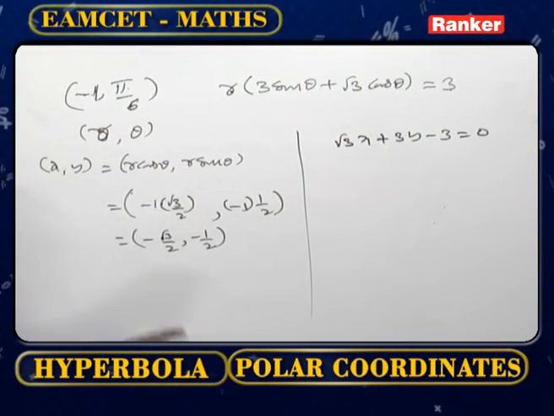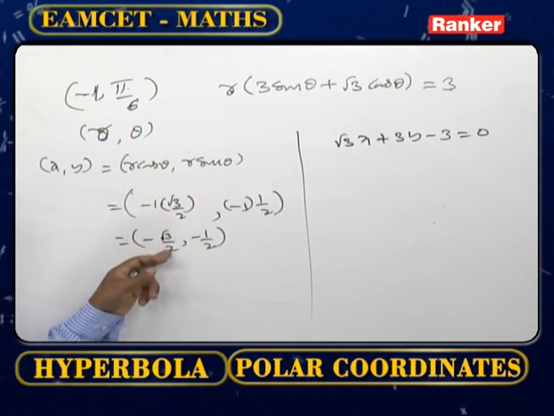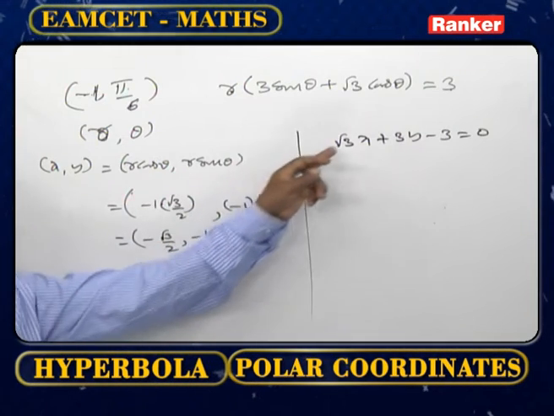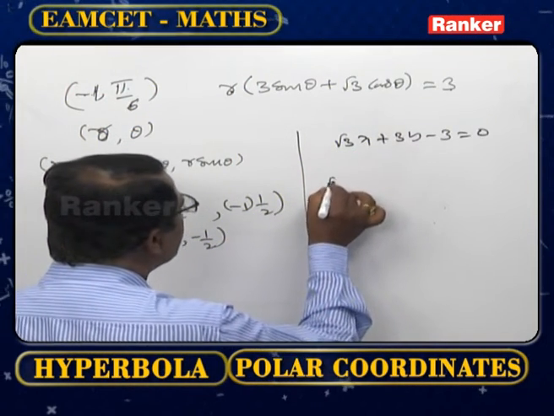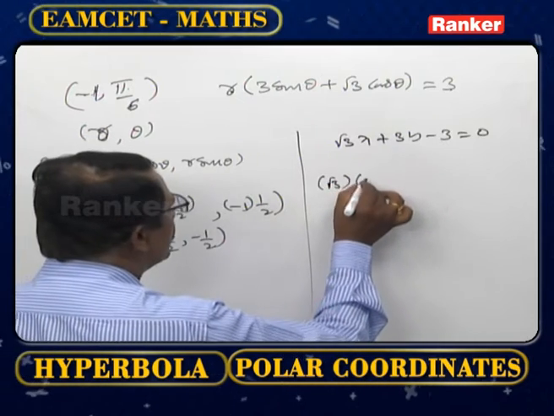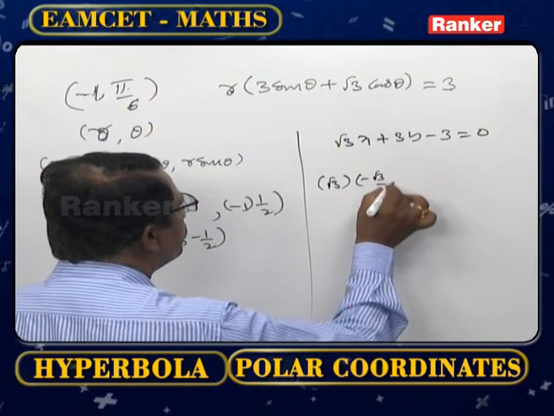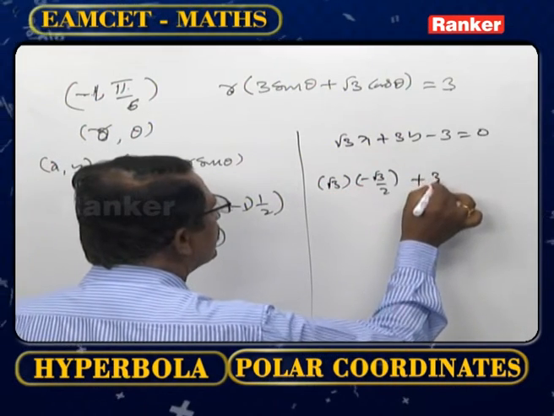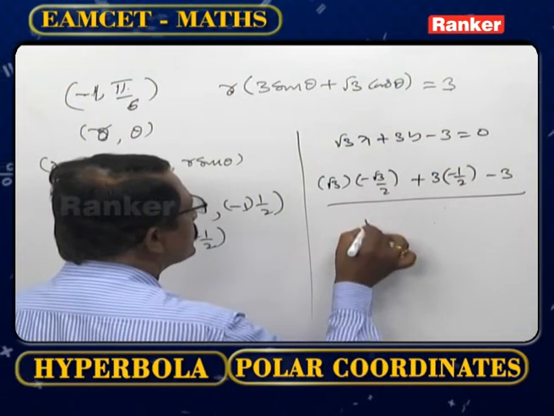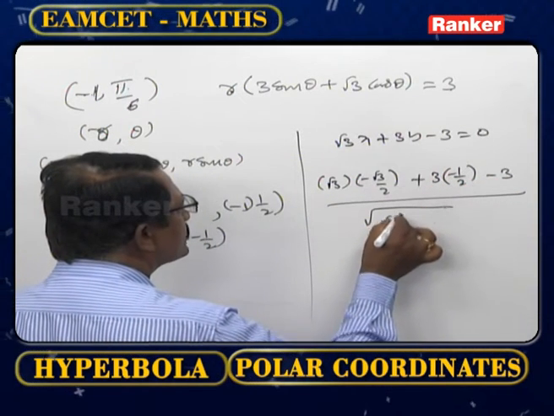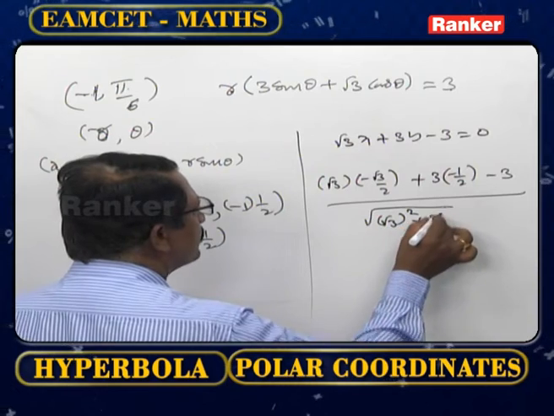Now the required perpendicular distance from minus root 3 by 2 comma minus 1 by 2 to this line equals, root 3 into minus root 3 by 2 plus 3 into minus 1 by 2 minus 3, by square root of root 3 whole square plus 3 square.